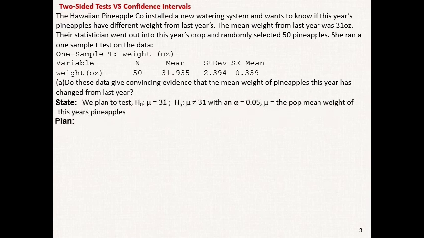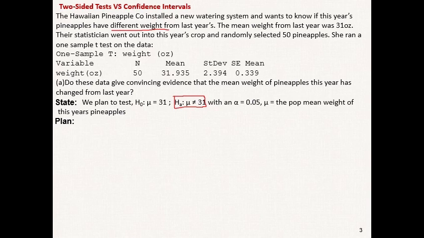All right, so be careful with this. You have to read the question very carefully because up above it says they want to know if this year's have a different weight from last year's. Not more, not less, but different. So our alternative has got to be that mu is not equal to 31.